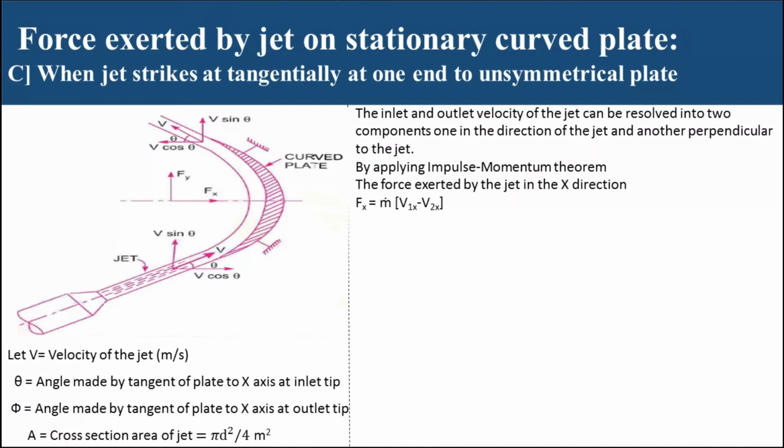Here v1x is the initial velocity in the x direction and v2x is the final velocity in the x direction. Again m dot equals rho a v. So v1x will become v cos theta, and it is positive because its direction is from left to right.